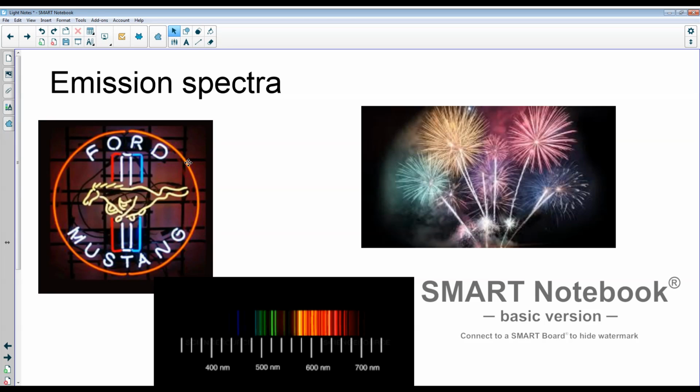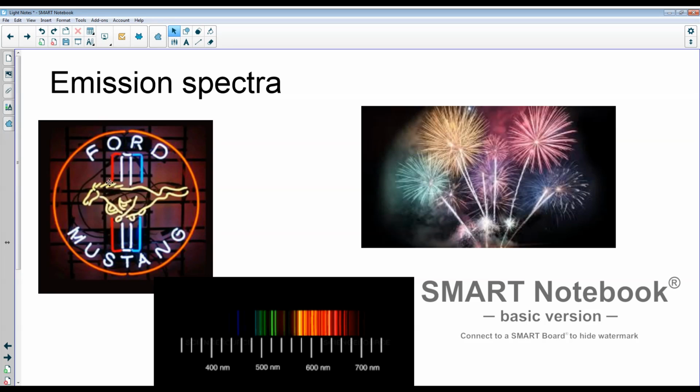So neon lights, if they're truly the element neon, will produce in sort of an orange-red color. And so they will only produce certain frequencies. Coincidentally, these are the same frequencies that would be absorbed by neon if light was passed through neon. But every element can sort of produce its own frequency of light, its own wavelength of light.